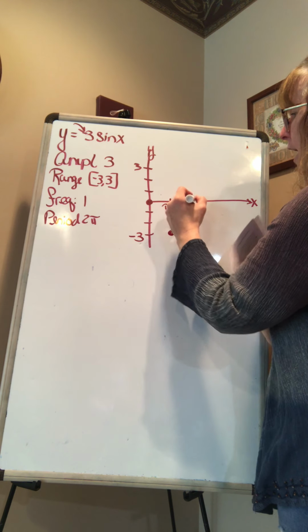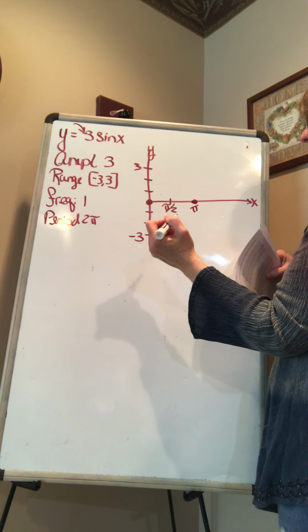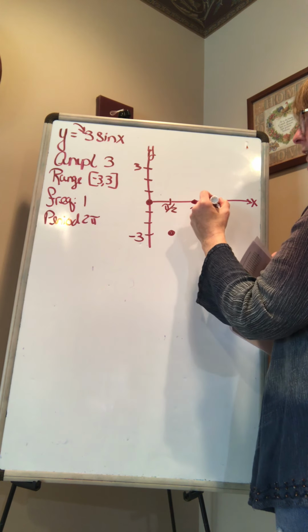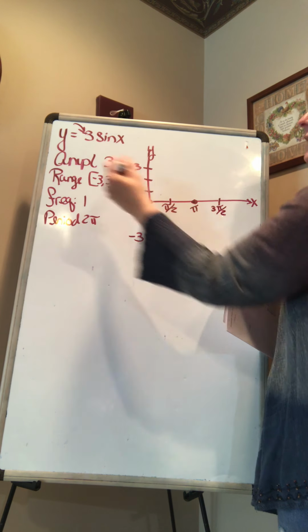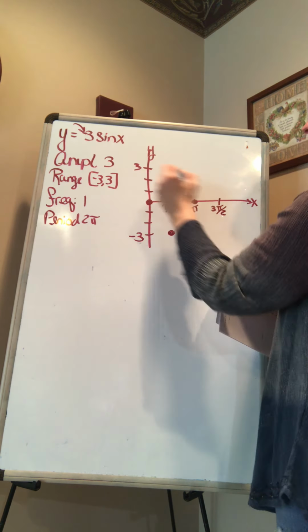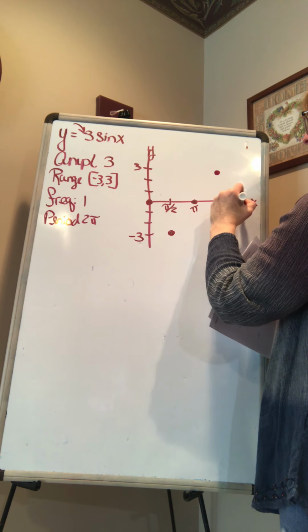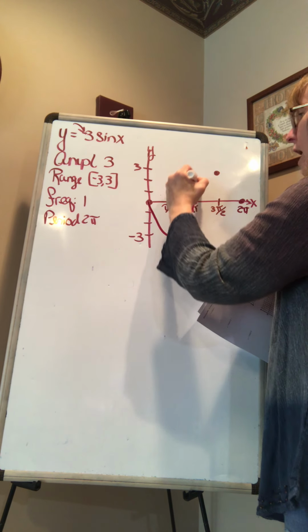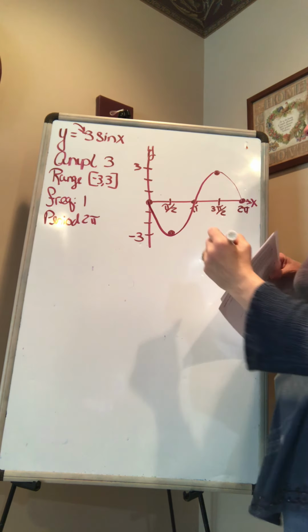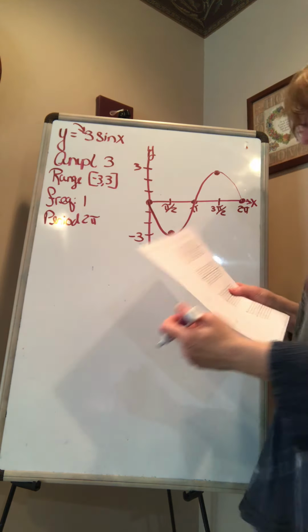And then I am back to 0 at 180. Then at 270, I'm normally down at -1, but -1 times -3, now I'm up at 3, and then I'm back to 0 at 2 pi. So this now goes down, up, and down. It is the opposite way because of this negative.